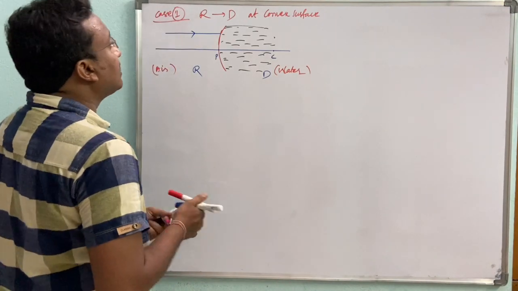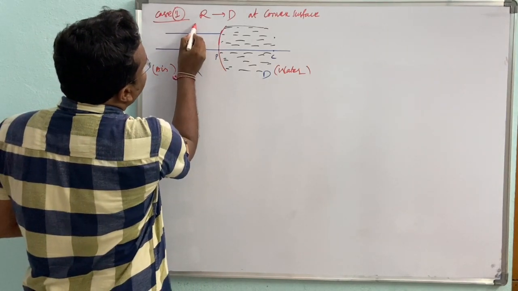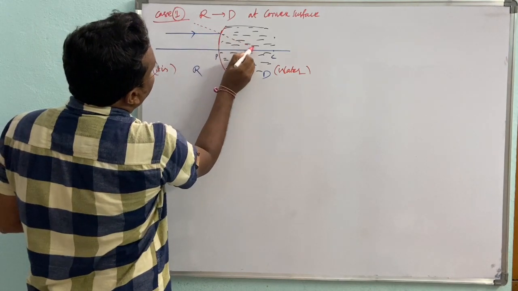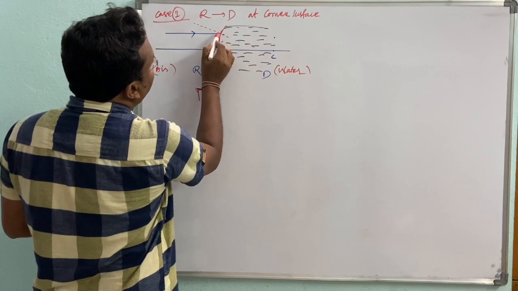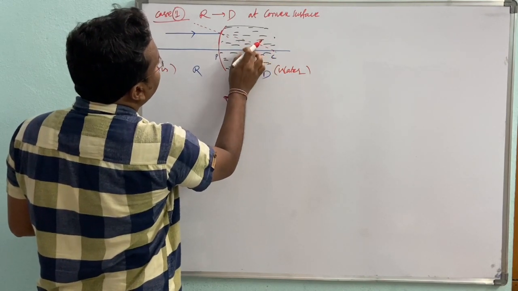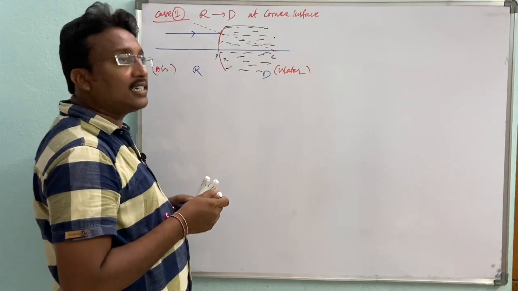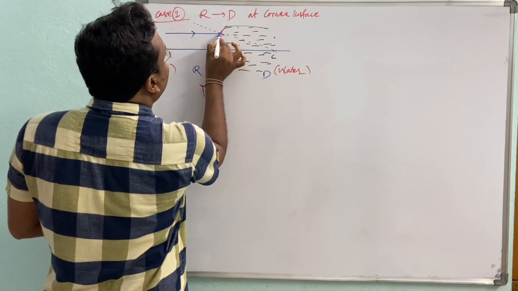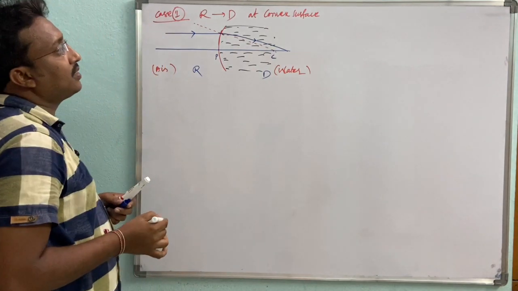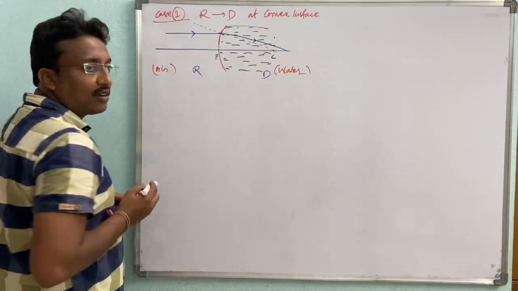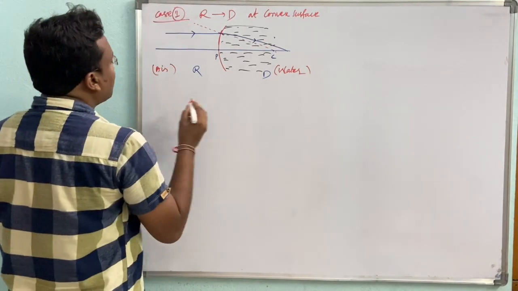Here I am going to draw the normal at the point of incidence. We have to draw the normal at the point of incidence, no? Right, see. It bends towards the normal. Got it?